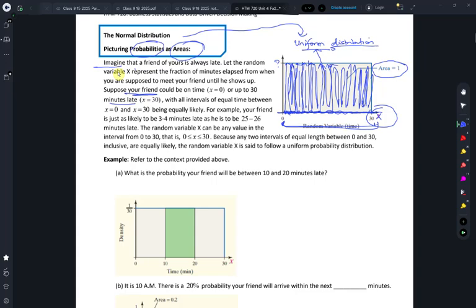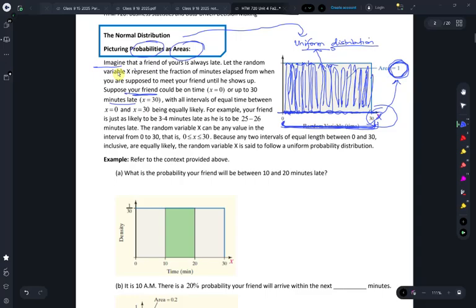Then, how high up is each of these bars? Well, this span of 30 is the number of pieces into which 1 is divided.